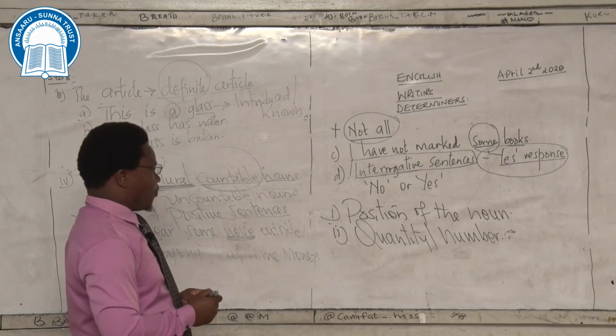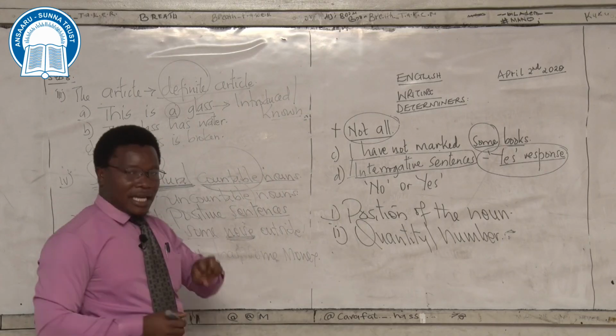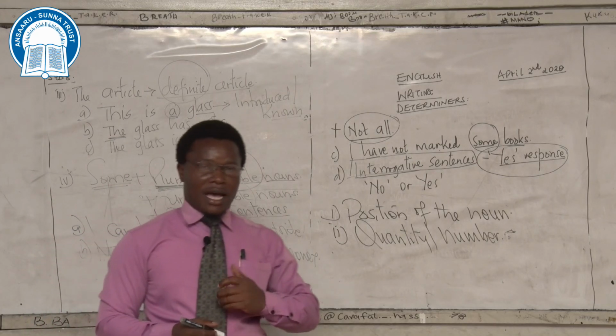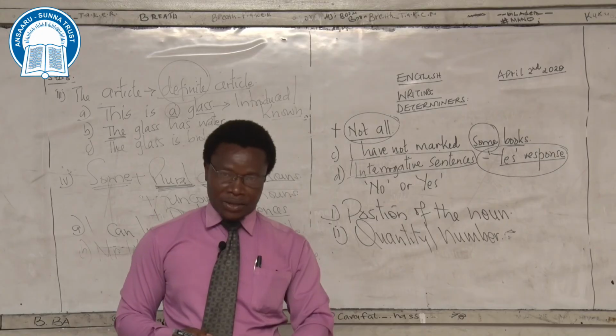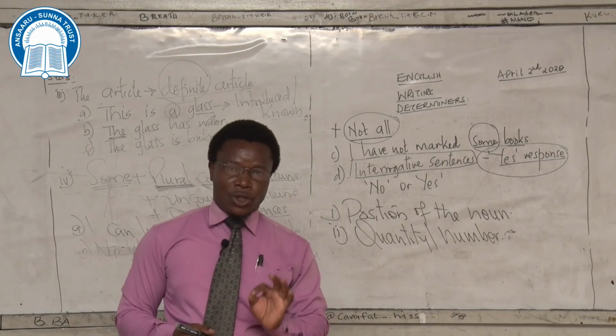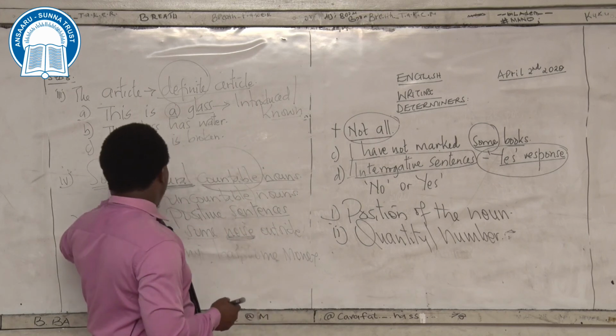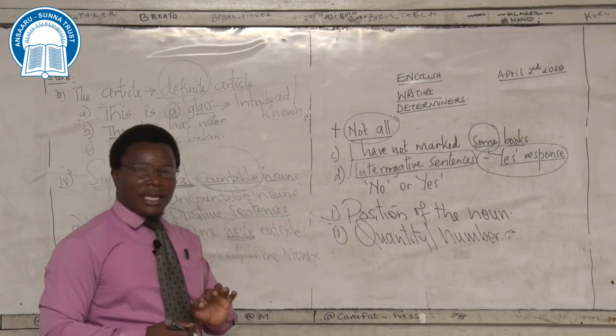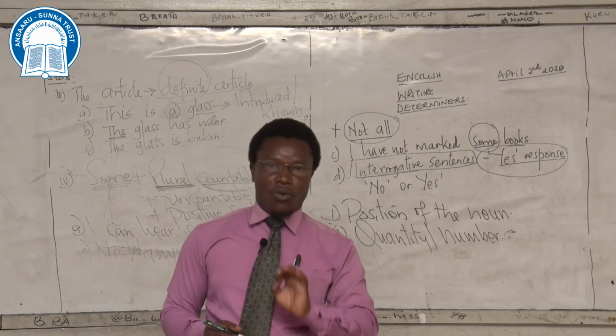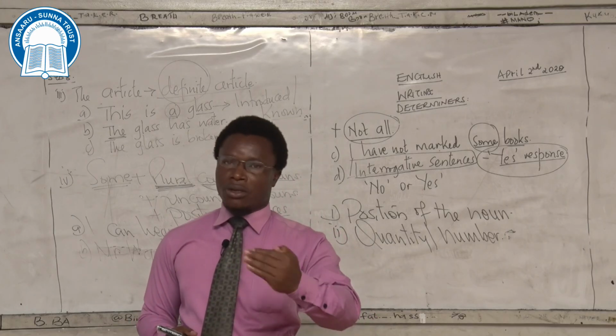That's one. Two, "a" and "an" are collectively referred to as indefinite articles because they are used to introduce nouns. "A" is used with nouns beginning with a consonant sound.